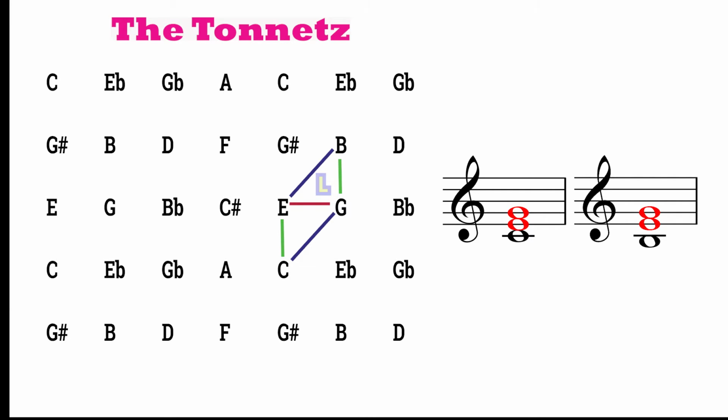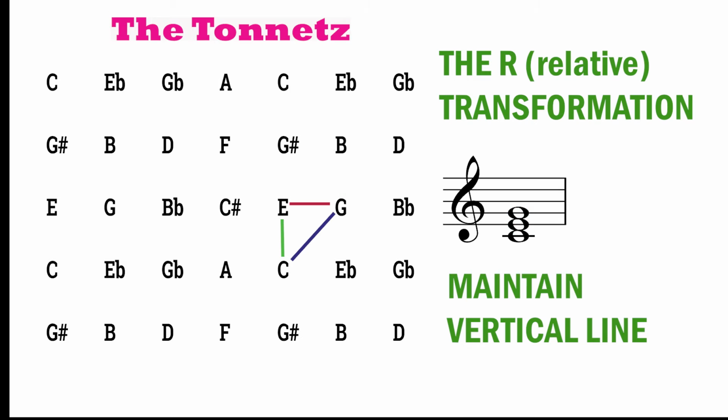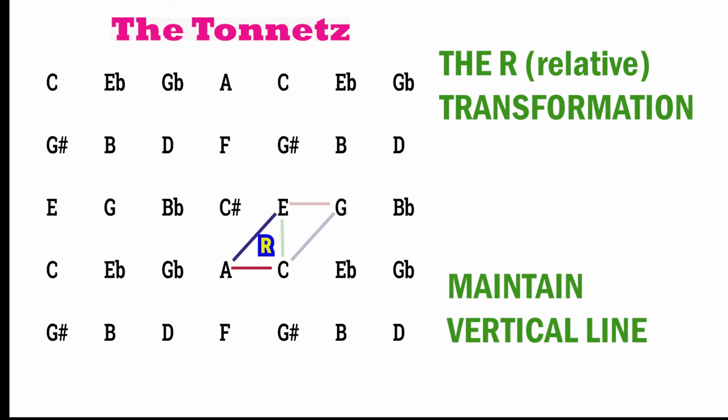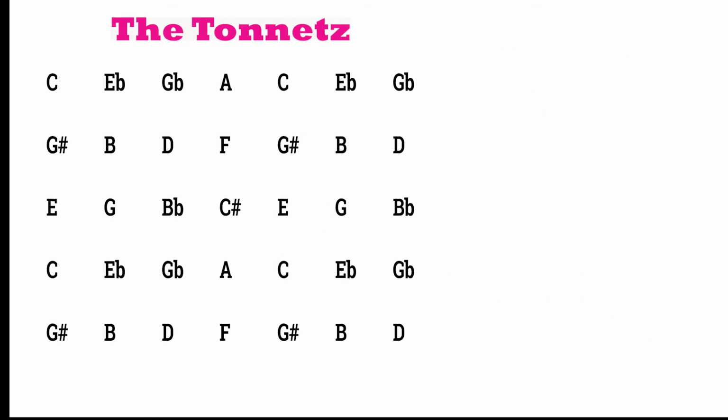Finally, to get an R transformation, you simply maintain the vertical or green line. And you can see here we've created an A minor triad. A minor is the relative minor to C major. Note that all of these triadic relationships have two notes in common. The nice thing about the tonnetz is that we can go the opposite direction as well.